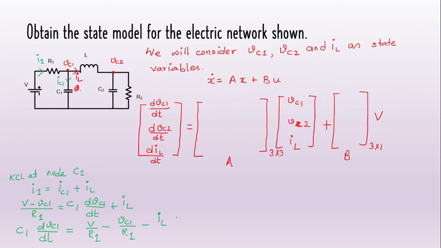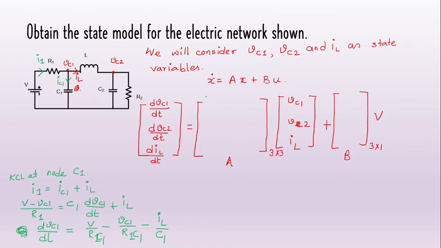This will be my expression. Now if I divide the whole thing by C1, it becomes V by R1 C1 minus VC1 by R1 C1 minus IL by C1. I got this from KCL at the first node, that is the node of capacitor C1.